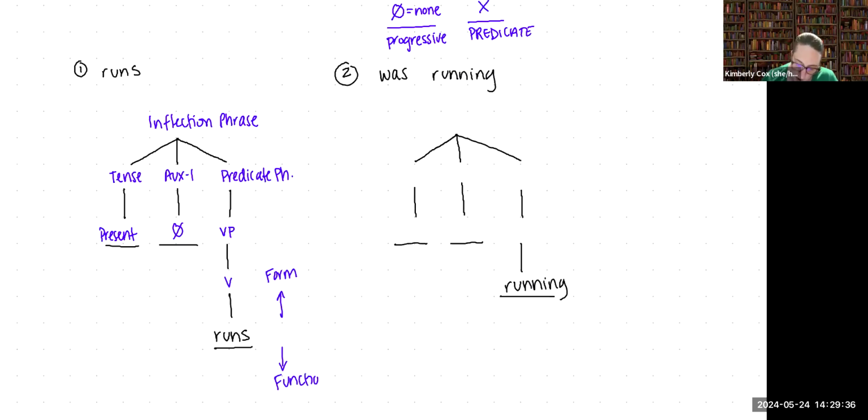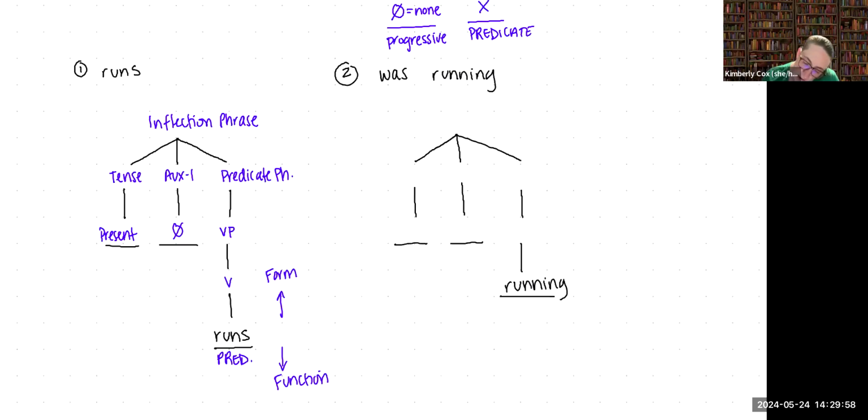Okay, runs is going to be the main predicate. Right? And that's it. Nice and simple when it is a simple present tense verb. We have present tense, we have a predicate, it's a simple present tense verb. So let's jump over then and take a look at was running.